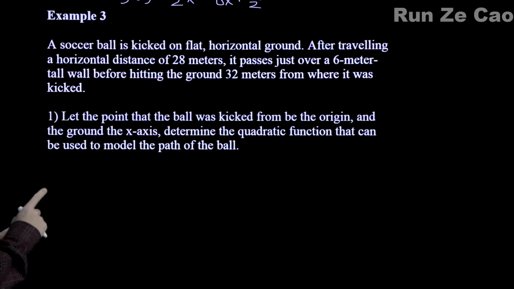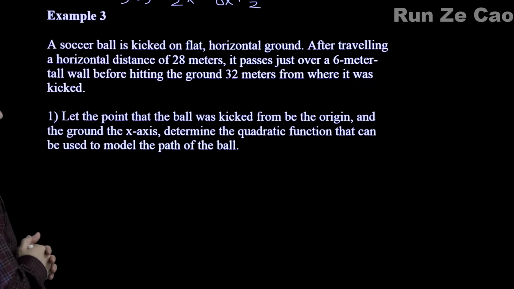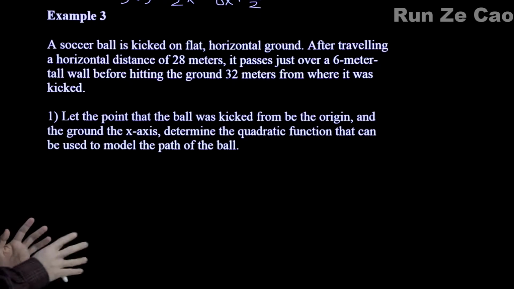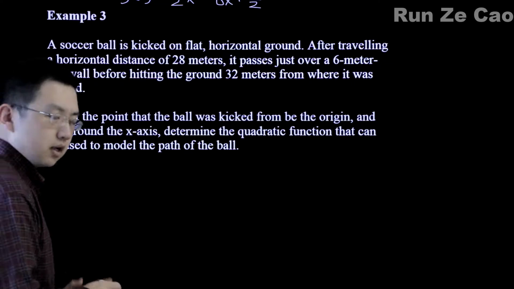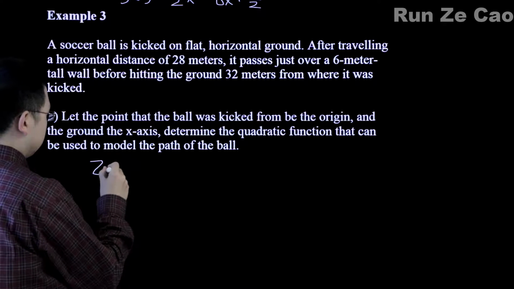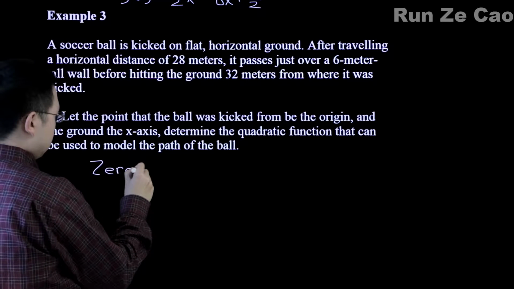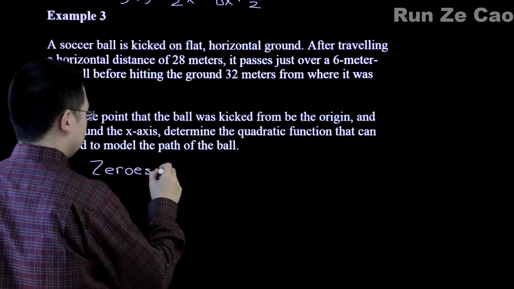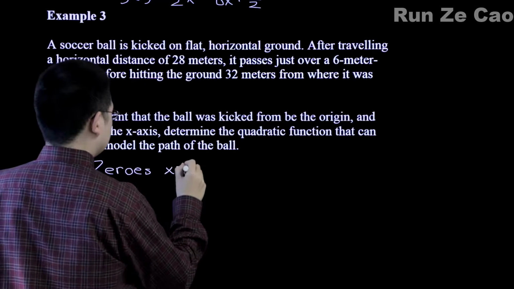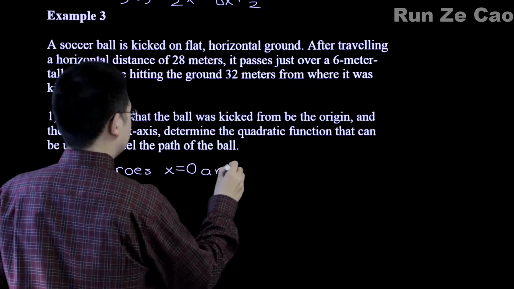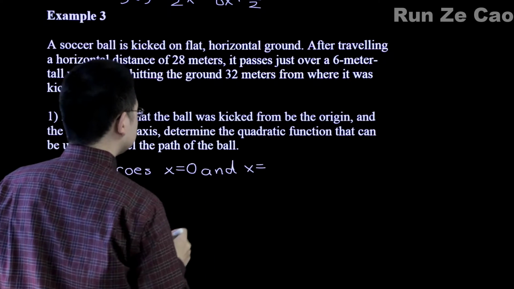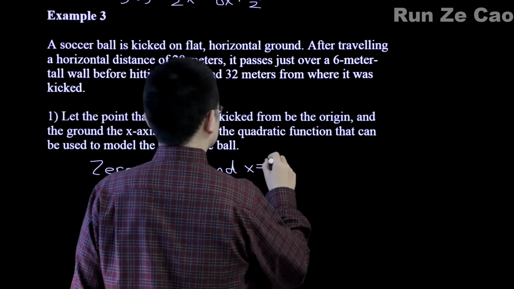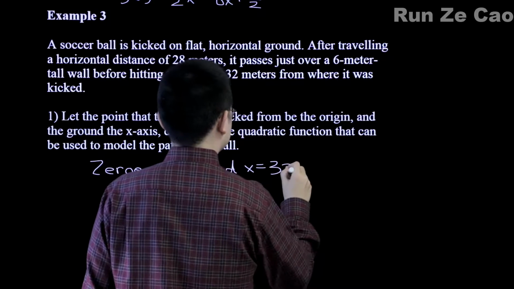Let the point the ball was kicked from be the origin. Let the ground be the x-axis. Determine the quadratic function that can be used to model the path of the ball. So we have zeros, x equals 0, and x equals 32.